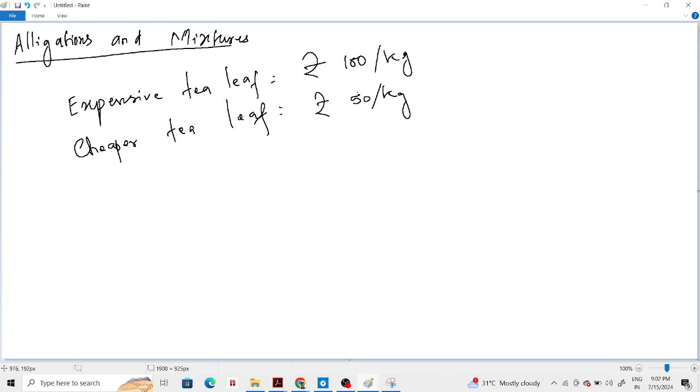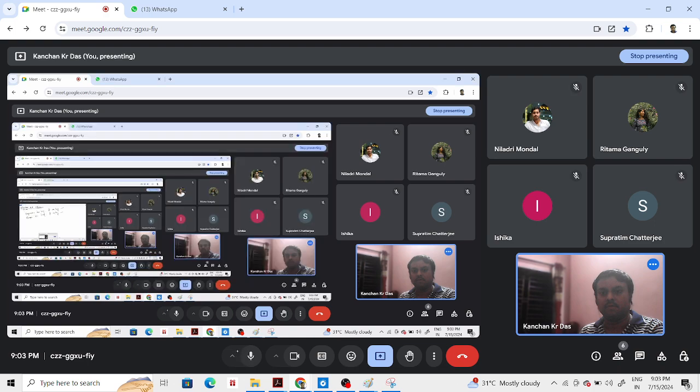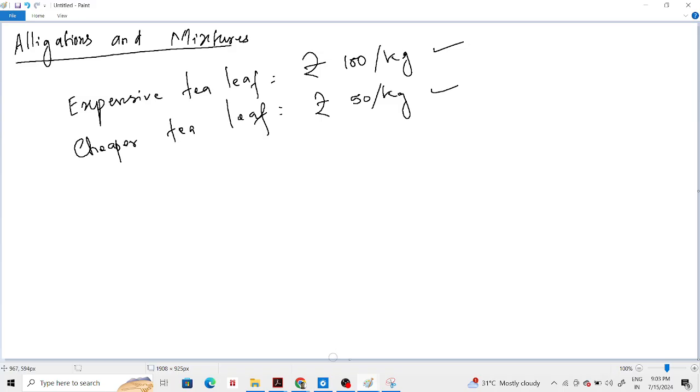Now these two are mixed. Some amount is picked up from here, some amount is picked up from here. Okay, some amount is picked up from the expensive one, some amount is picked up from the cheaper one.